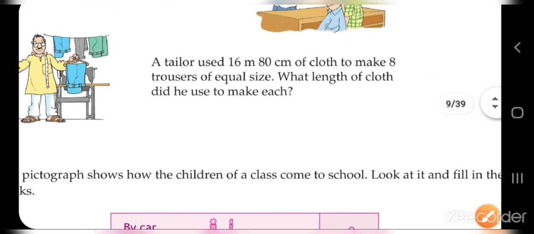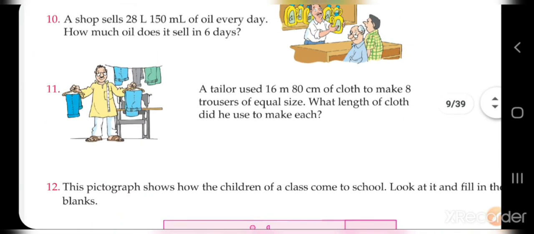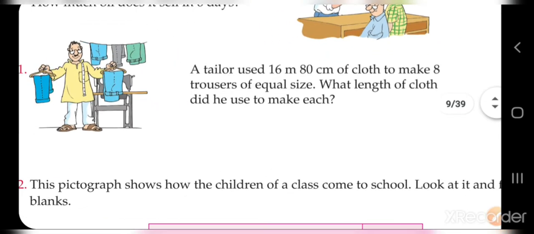Again in question number 11, a tailor used 16 meter and 80 centimeter of cloth to make 8 trousers of equal size. What length of cloth did he use to make each? Again I want to tell you that meter and centimeter are used to measure things like cloth.